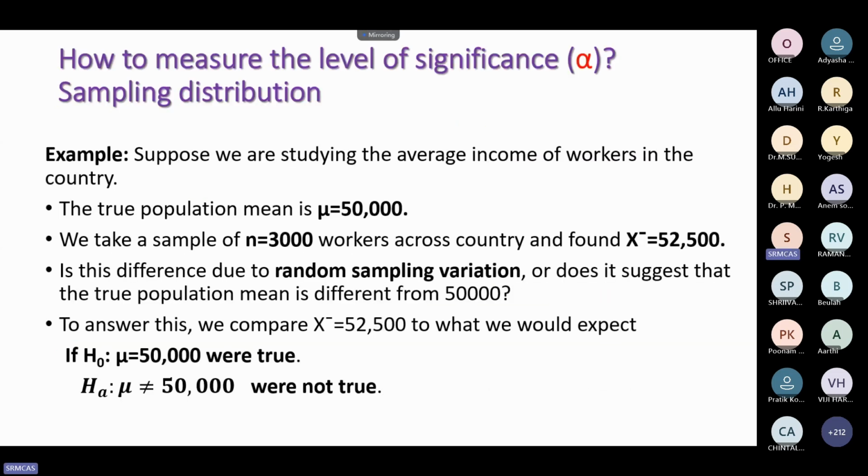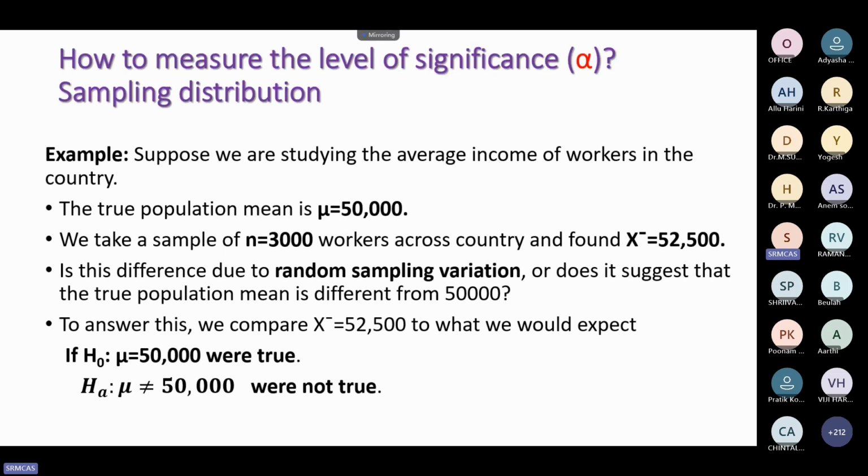So how do we measure the level of significance quantitatively in statistics? Before that, we should understand what sampling distributions are. See one example I have given here. Suppose we are studying the average income of workers in the country. The true population mean is 50,000.